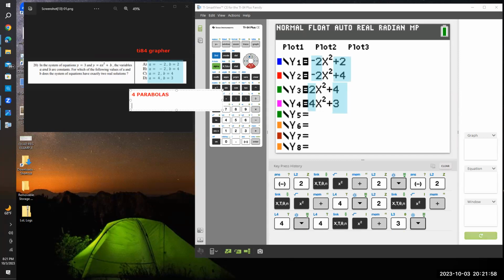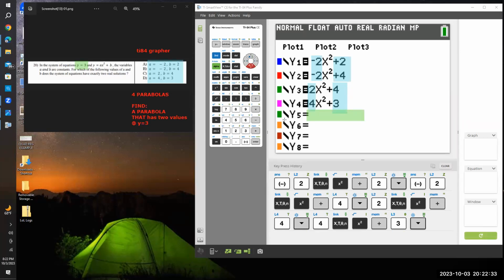But the reason we're doing this is to find a parabola that has 2 solutions at y equals 3. The next thing we'll do is, since we want to know the line y equals 3, I'll draw that in as the green line in equation number 5.